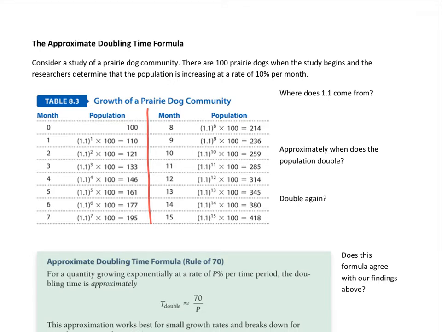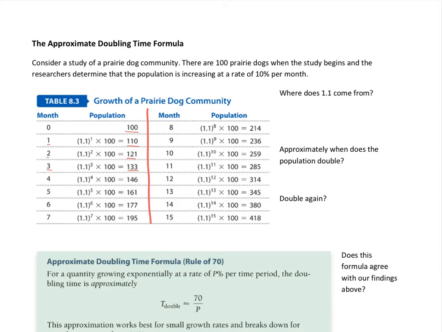The population starts at 100, and after 1 month it is 10% more than that, and after 2 months it's 10% more than the first month, and after 3 months it's 10% more than the second month, and so on and so on.